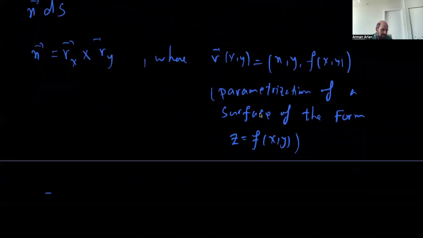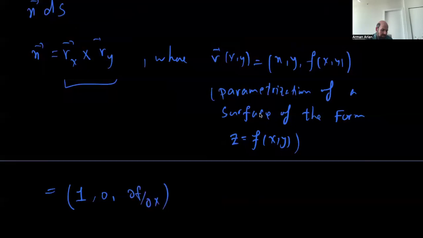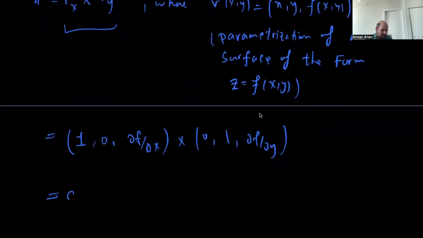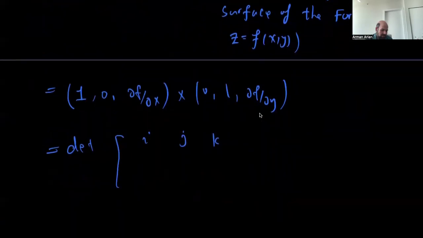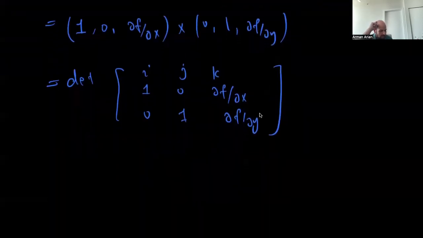Then we look at this formula. dr/dx becomes 1, 0, df/dx, cross 0, 1, df/dy. How do we calculate this cross product? The determinant of i, j, k; 1, 0, df/dx; 0, 1, df/dy.